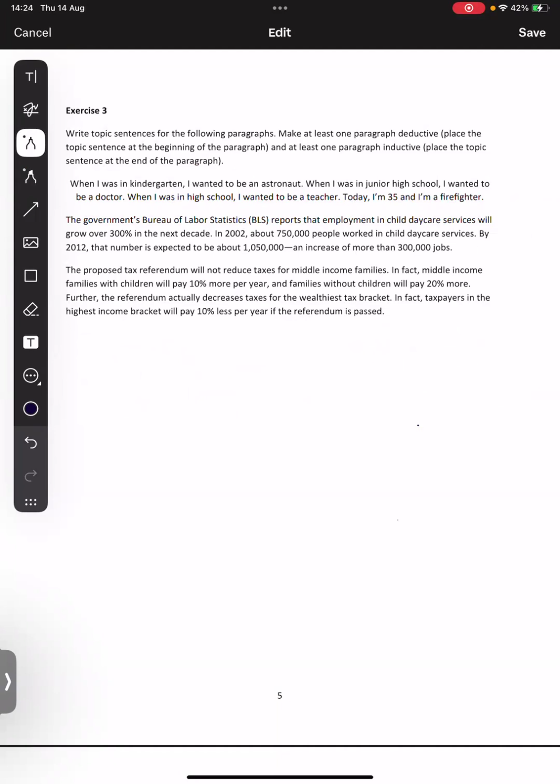In 2002, about 350,000 people worked in child daycare services. By 2012, that number is expected to be about 1,050,000, an increase of more than 300,000 jobs.